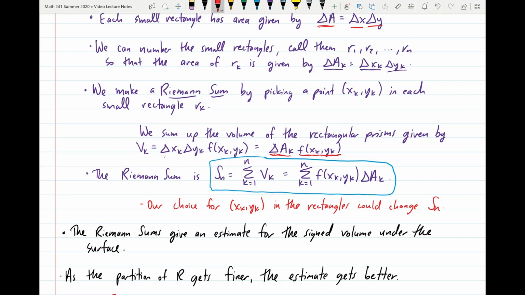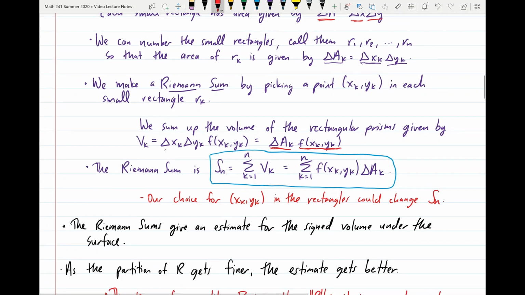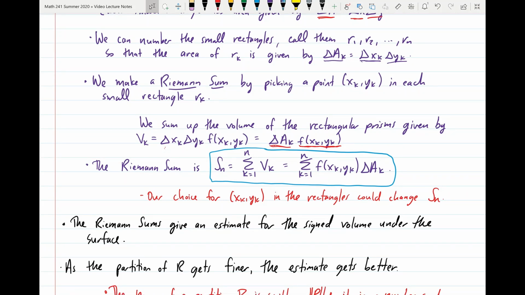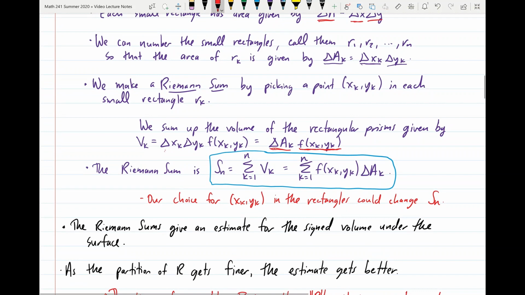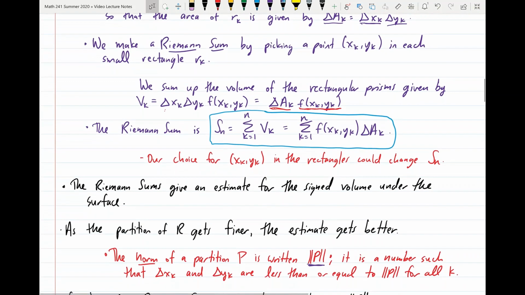So this f of x sub k, y sub k will give the height of the rectangular prism out of the plane, and this delta A sub k will give the area of the base rectangle for that rectangular prism inside of the plane. So that'll give us the volume of the rectangular prism. And the Riemann sum is going to be the sum of all of these different volumes for each of the small rectangular regions that are subdividing our region R.